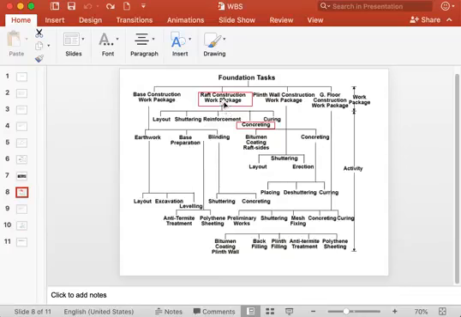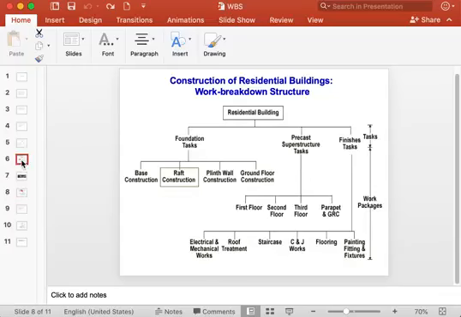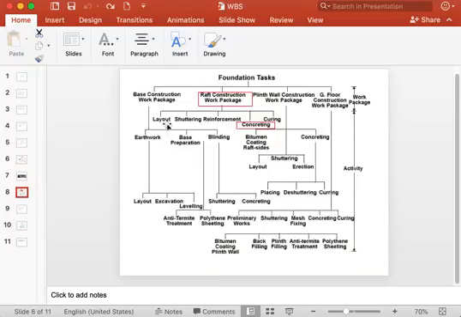So this raft construction work package which you saw here is further broken down into 1, 2, 3, 4, 5 activities. So when you complete all these 5 activities, then you can consider that this raft construction work package is completed.